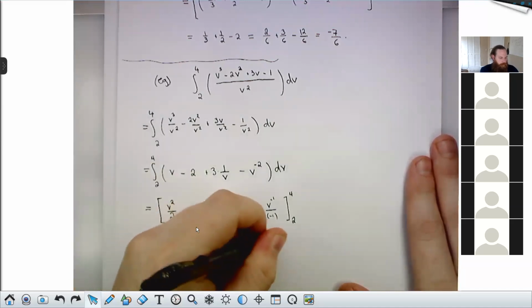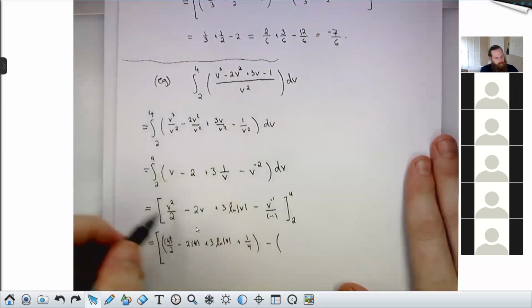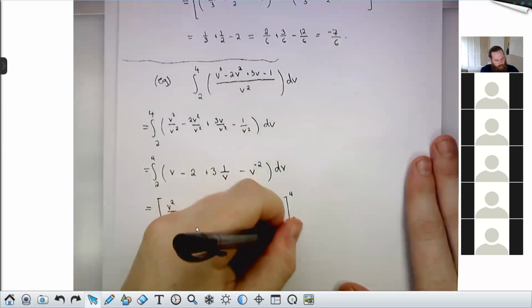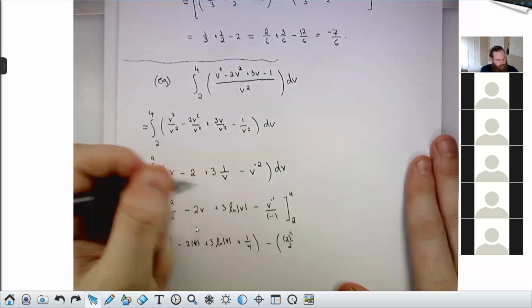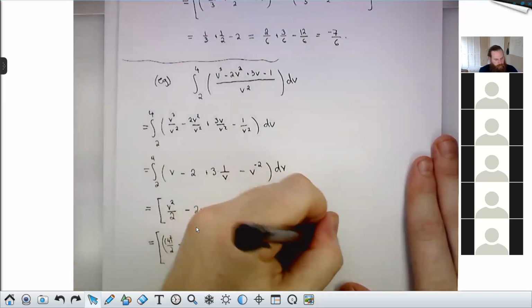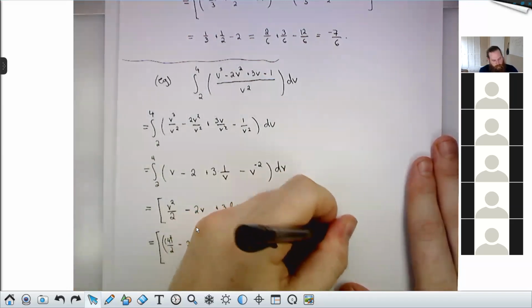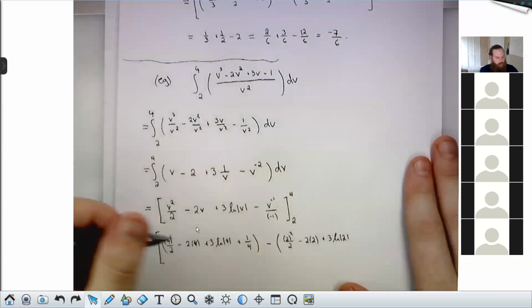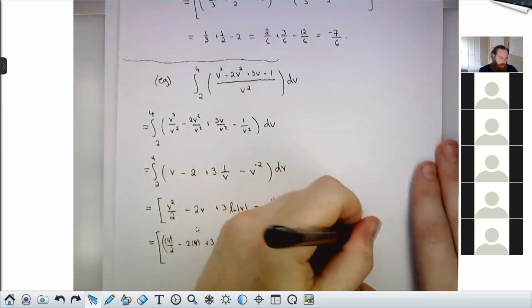And then I subtract what I get when I plug in 2. That's 2 squared over 2 minus 2 times 2 plus 3 times the natural log of the absolute value of 2 plus 1 over 2.